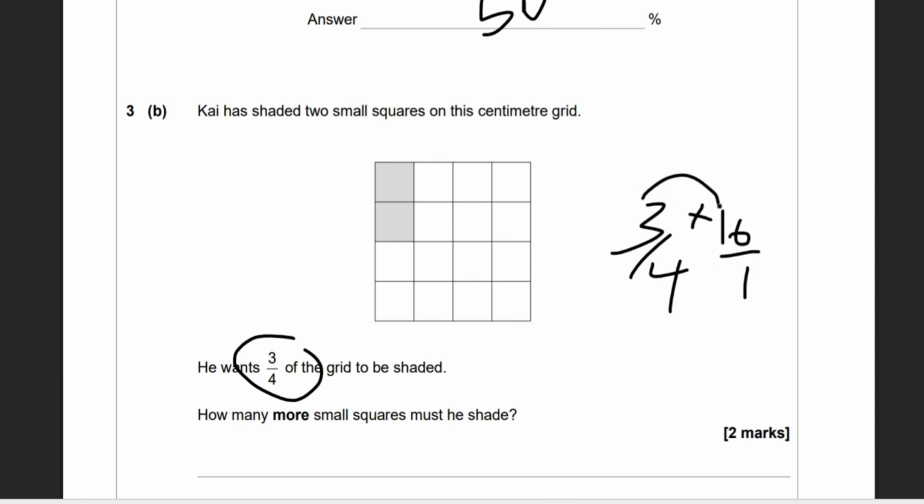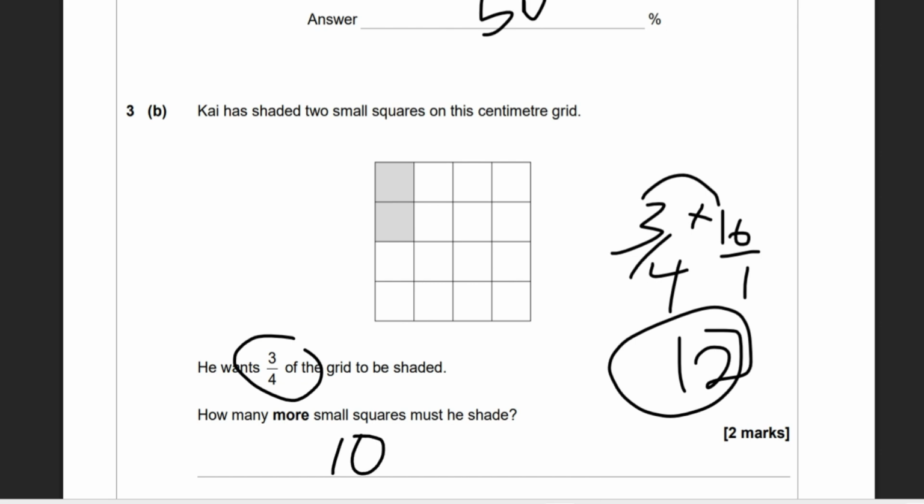So 3 times 16 is 48. 48 divided by 4 is 12. So that means 3/4 of 16 is 12. He's meant to shade 12. He has done 2 already. So how many more squares? That's going to be 10, because 12 minus 2 is 10.